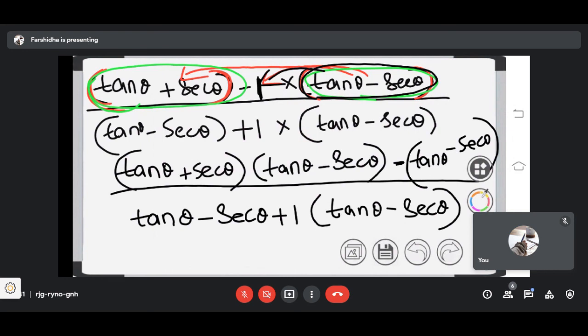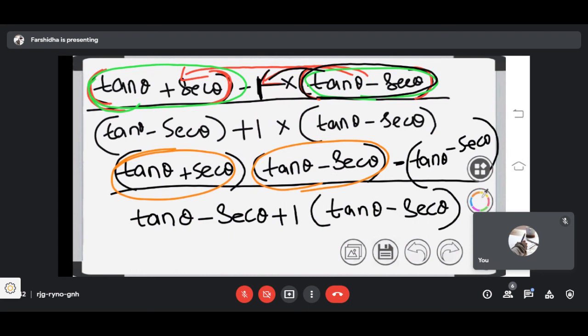Now you can see here identity number 3, algebraic identity number 3, a plus b into a minus b. A plus b into a minus b is equal to a square minus b square. So you can apply that identity here.